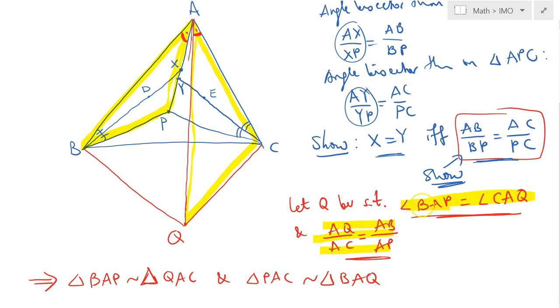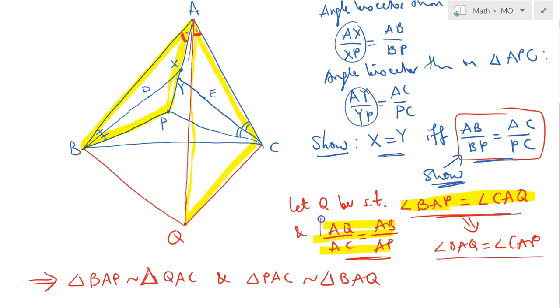Why? Because if angle BAP is equal to angle CAQ, this would also imply that angle BAQ is equal to angle CAP, because lines AP and AQ are symmetric with respect to the angle bisector. So that's a natural thing.